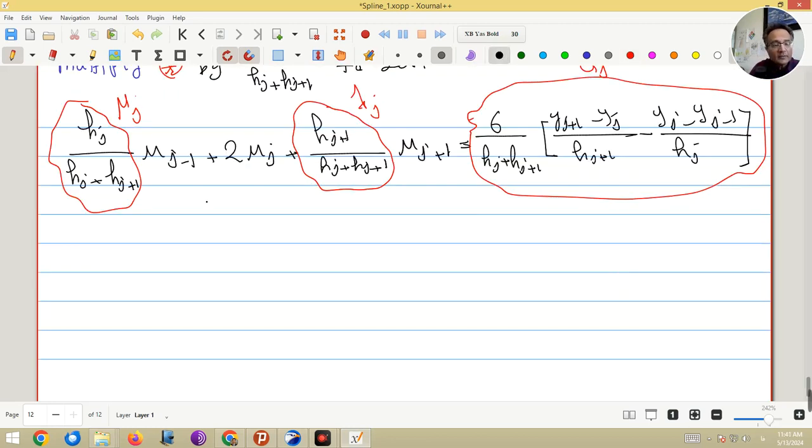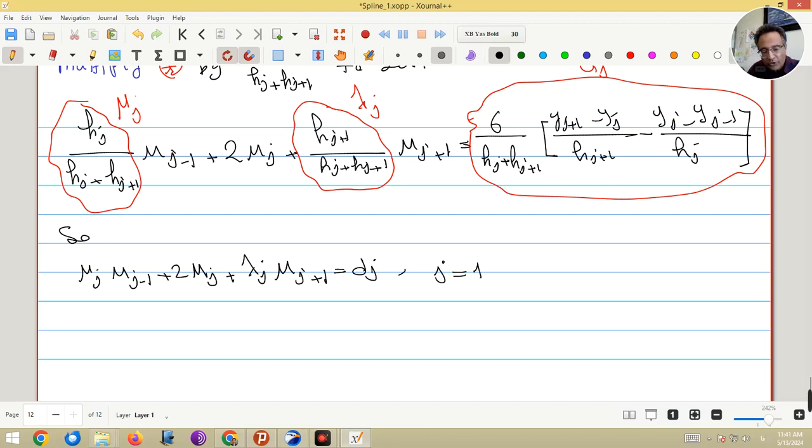So what we get is mu_j M_{j-1} plus 2 M_j plus lambda_j M_{j+1} equal to d_j, and this is true for j equal to 1 to n minus 1.